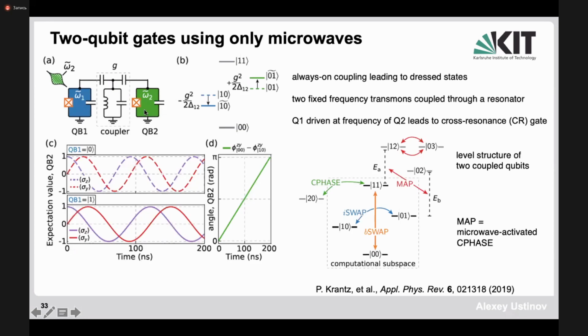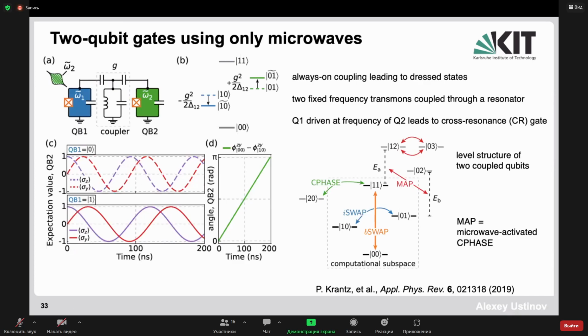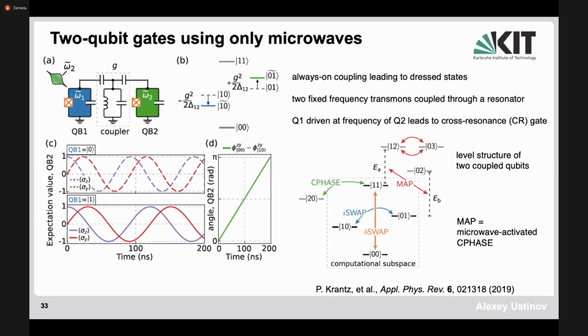They have some frequencies which need to be learned from testing the circuit. And then one applies a particular combination of microwave tones, typically at the frequency of the so-called cross resonance, which means that the frequency of the difference between the frequencies of the two qubits.